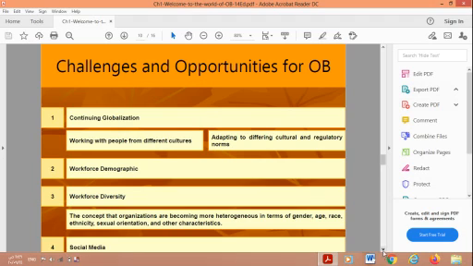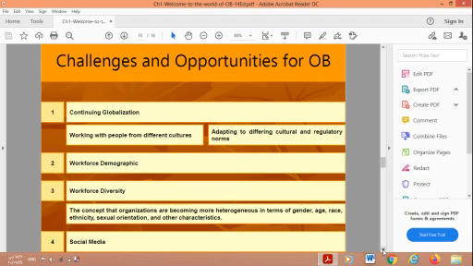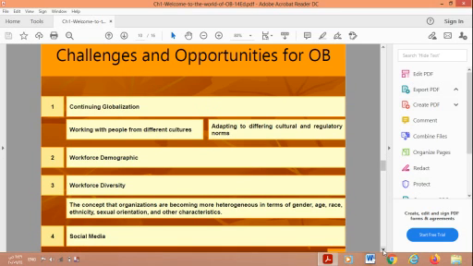Okay, when we are studying organizational behavior, there are many challenges and opportunities that affect it. Of course, today's challenges bring opportunities for managers to use the organizational behavior concept. Those challenges should be studied to understand human behavior.